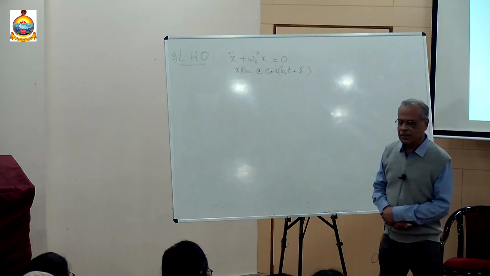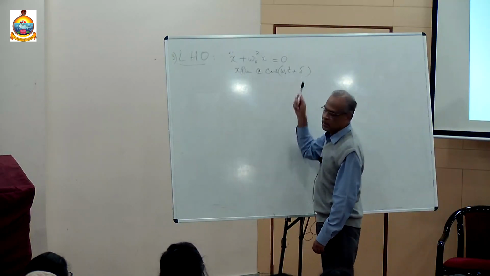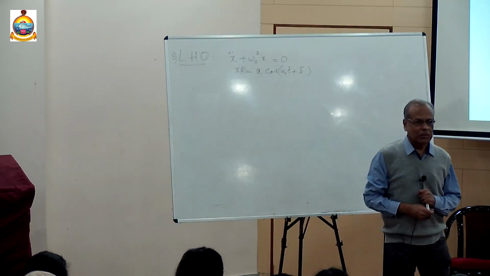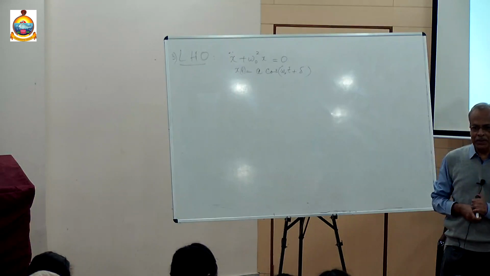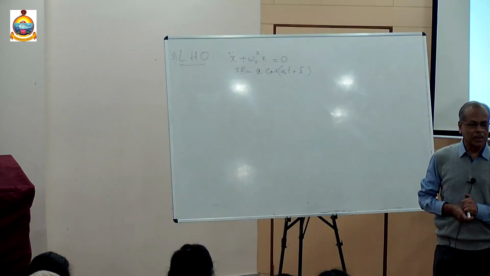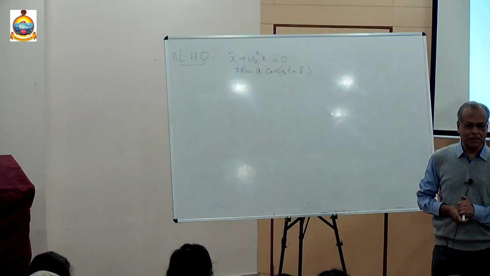Yes, because we have two independent constants. But where is the linear superposition? This is a second order linear equation, so linear superposition demands that there should be two linearly independent solutions.